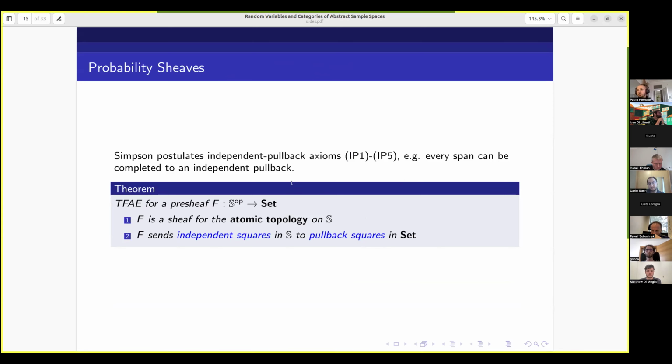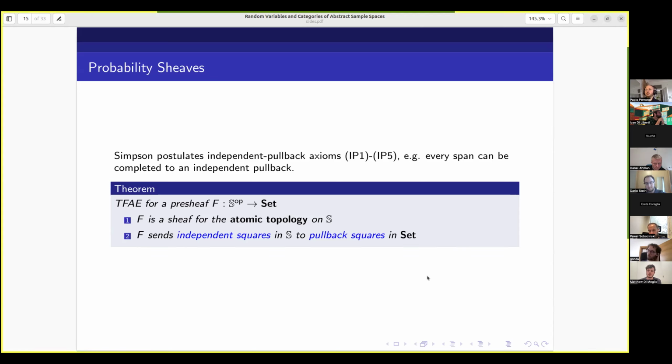And the nice thing is that we can tie this back to what it means to be a sheaf. So following our equivalent for a probability pre-sheaf, namely that F is a sheaf for the atomic topology on S, and that F turns independent squares in S to pullback squares in Z.